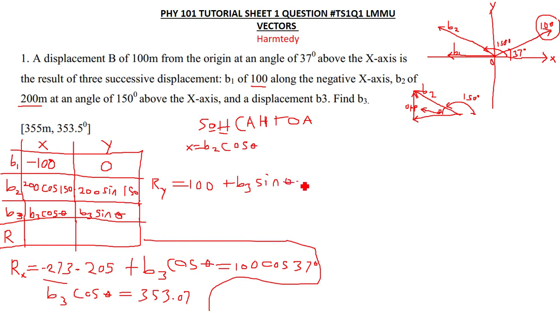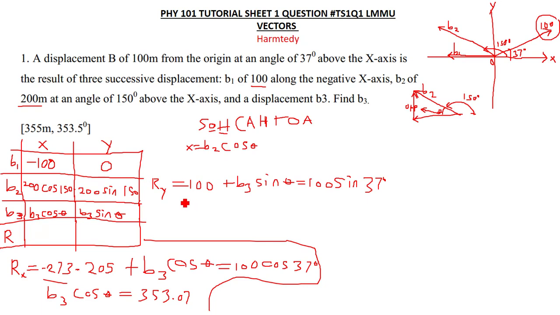We are supposed to get this 100 sine, the y component of the resultant vector, so it's going to be 100 sine 37 degrees.